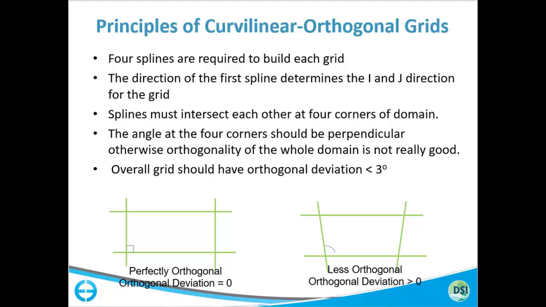So in general, you want to make your overall grid orthogonal deviation less than 3 degrees or so, based on our model practice. If you can make it less than 3, it's better. The smaller the better, but in general, don't try to go over 3 because you'll have artificial numerical error in your model.